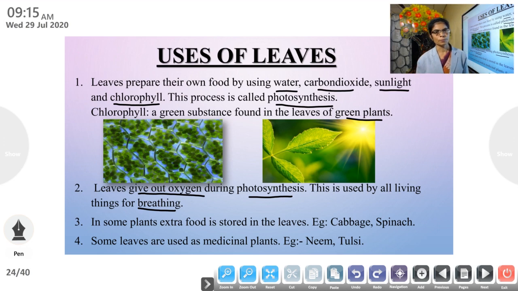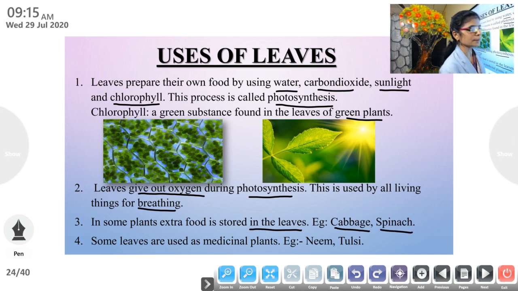Some extra food they use, and some extra food is stored in the leaves. Cabbage and spinach are examples of the extra food that is stored in the leaves. So also important, name two leaves that store extra food: cabbage and spinach.